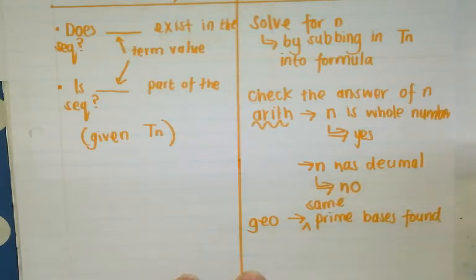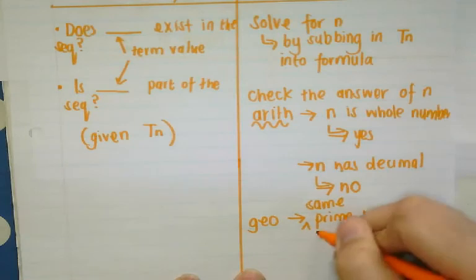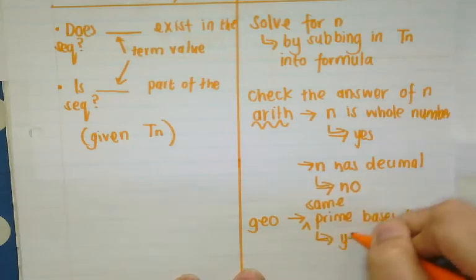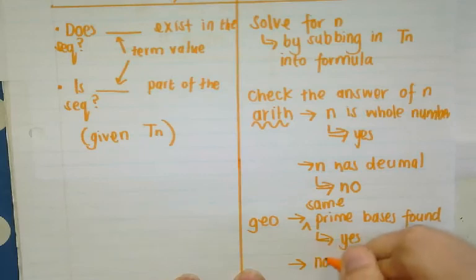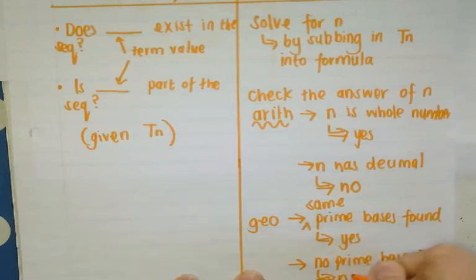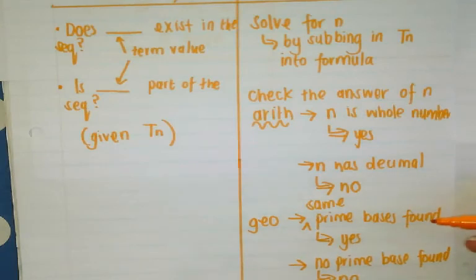So if I have the same prime base found, then yes. If I cannot find a prime base, then no. In other words, if I can solve for n, yes.